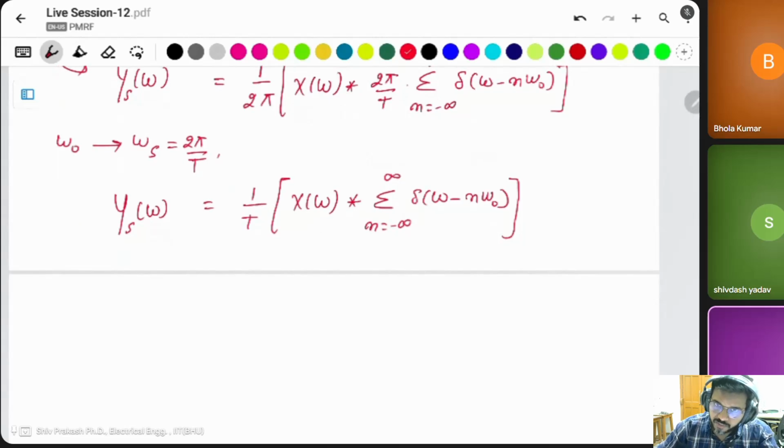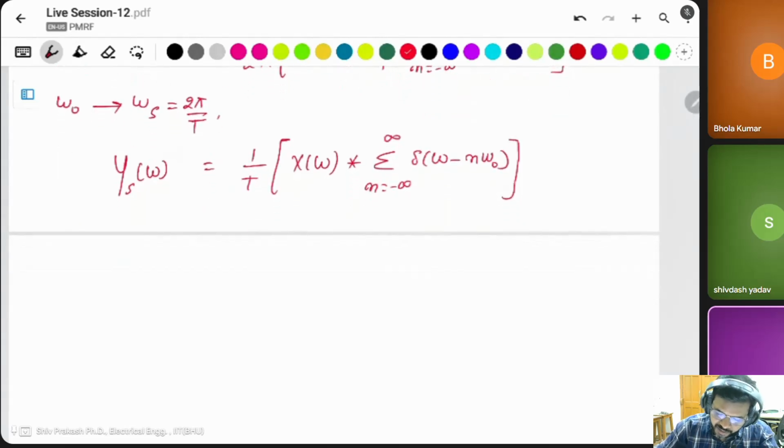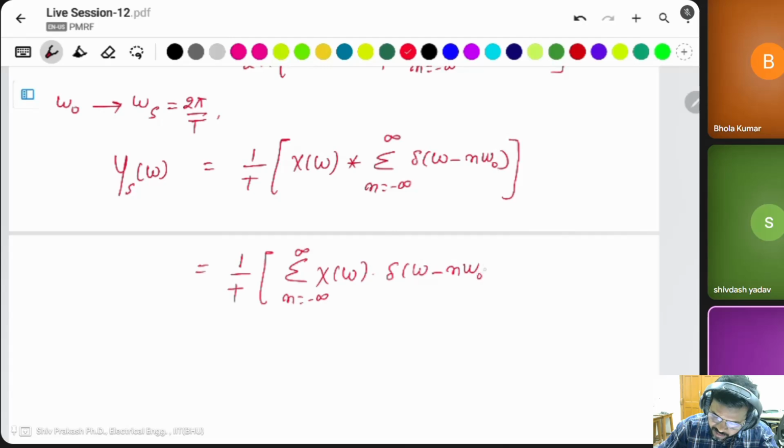This is the mathematical operator; you can interchange the convolution and the summation.